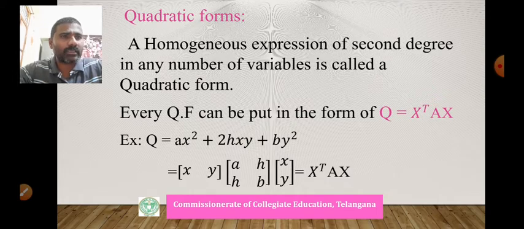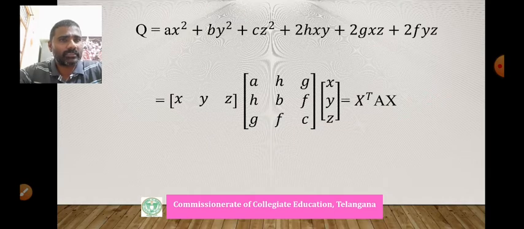If it involves n variables, x belongs to R^n, it contains n components x1, x2, up to xn. Every homogeneous expression of second degree in any number of variables can be expressed as q equals x transpose Ax, where A is a symmetric matrix. These are similar examples which we already discussed.